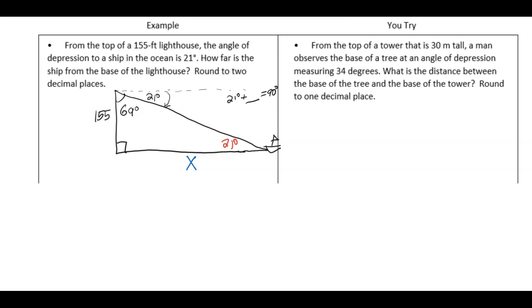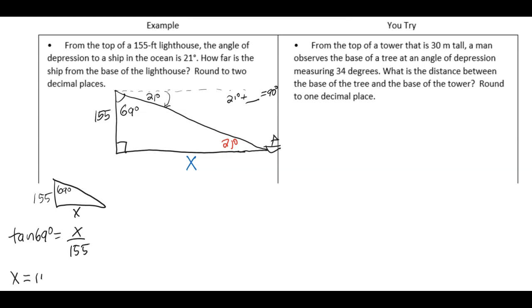Now, depending on which angle you work with, you have a different setup for the triangle. So for example, if we were to work with this one, where this is 69 degrees, 155, x, then it's opposite and adjacent. Tangent 69 degrees would be x over 155.